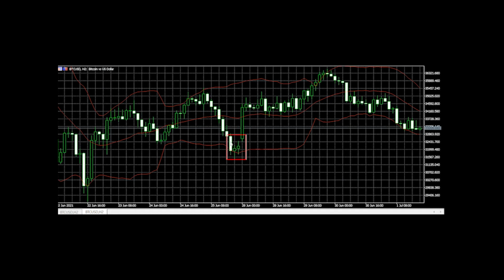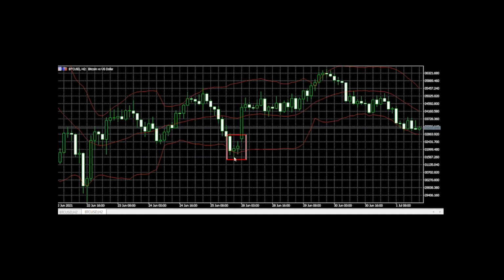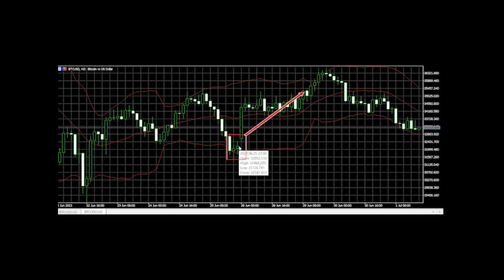For example, here, if you look at my mouse on the chart, you're looking for a candle that hits the Bollinger Band, is unable to breach it, so it closes above it. Another candle again retests the Bollinger Band, retests this resistance level, fails to breach it, closes above it, and a third one. The moment the third candle fails to breach the Bollinger Band level is the point you'd see a huge reversal in the market.